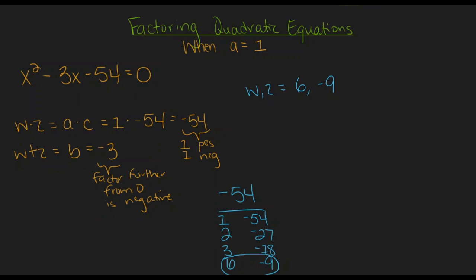Now that I know my magic numbers, I'm able to set up my factors. As always, we're going to look at the first term of our original equation and look at the variable there. The square root of that variable becomes the first term of each factor. So we started with x squared. The square root of x squared is x, so I'll begin each factor with x.